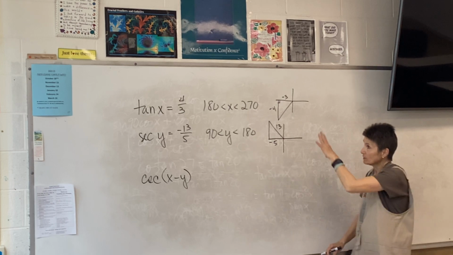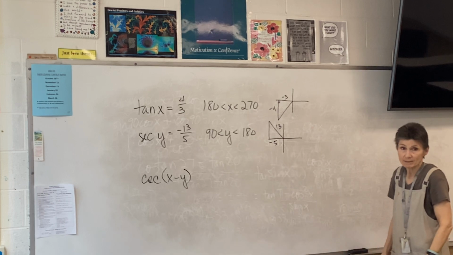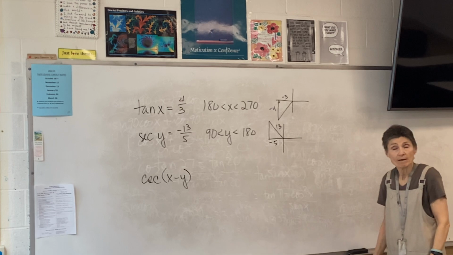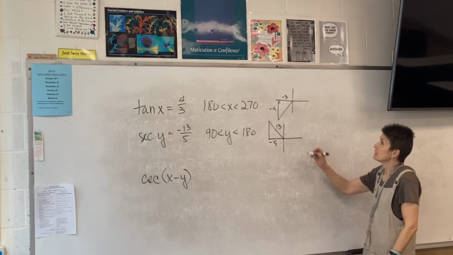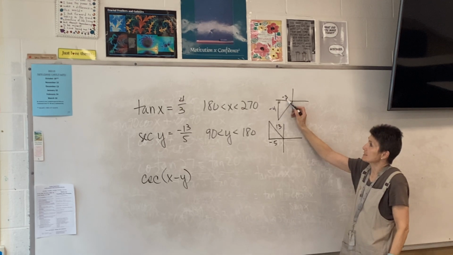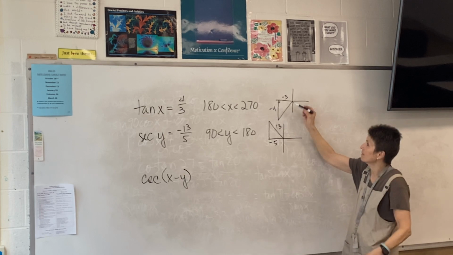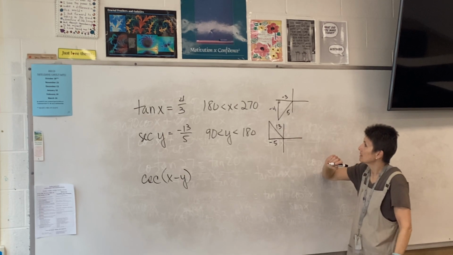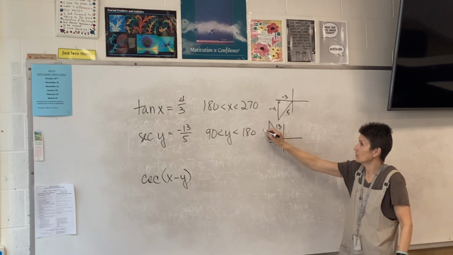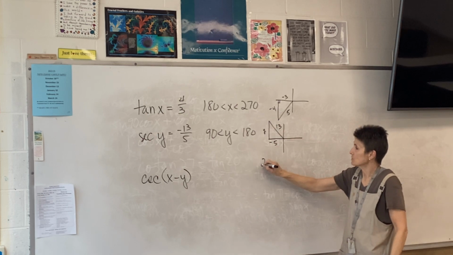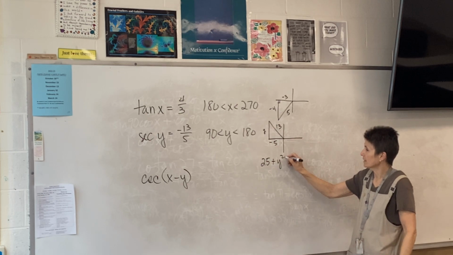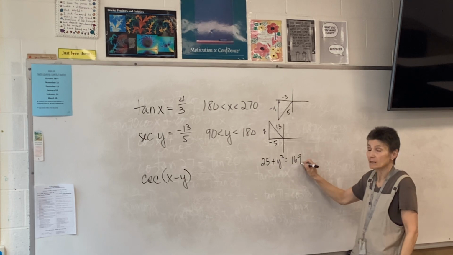Okay, for both of these triangles, let's do the Pythagorean theorem and come up with the third side. So this one you probably recognize, 9 plus 16 is 25, so that's just going to be 5. This one, we want to know what this is. So 5 squared plus y squared is 13 squared.